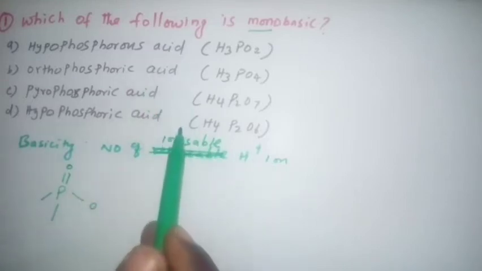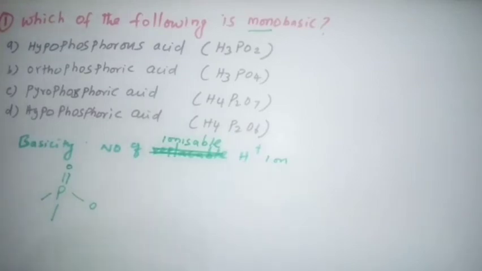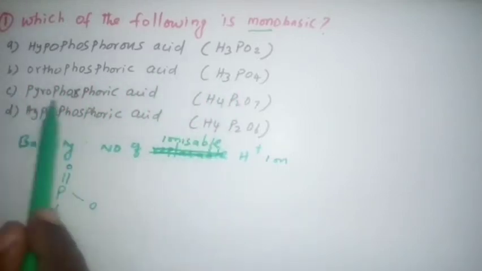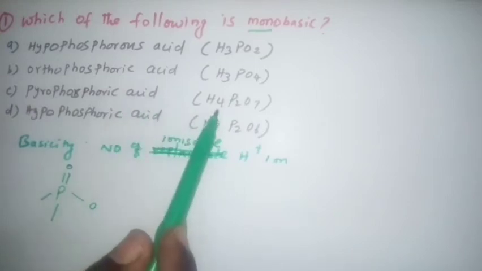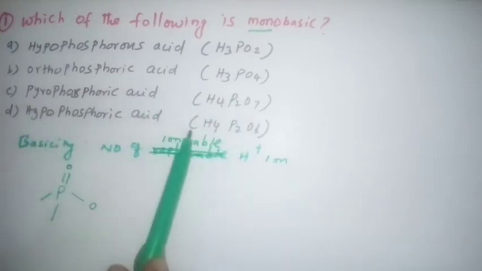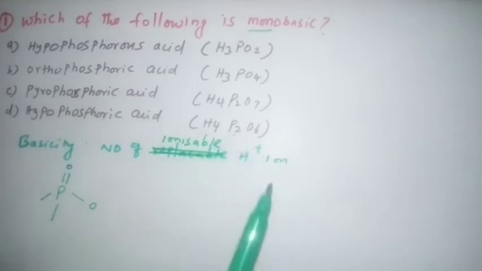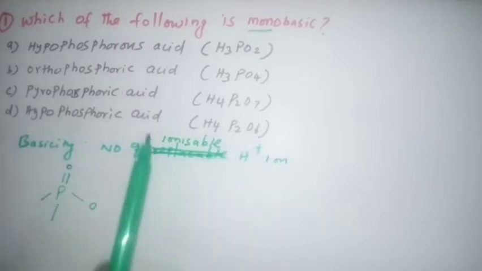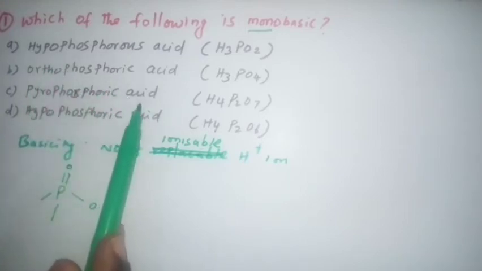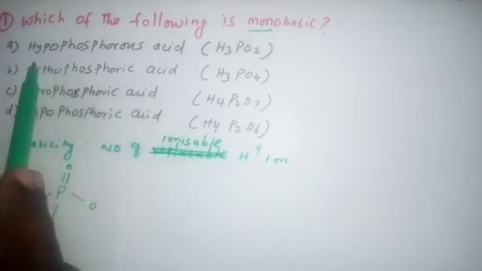So there are 4 options given. Option A, hypophosphorus acid H3PO2, then orthophosphoric acid H3PO4, pyrophosphoric acid option C H4P2O7, option D hypophosphoric acid H4P2O6. First take option A. I will give some tricks to find out the basicity.